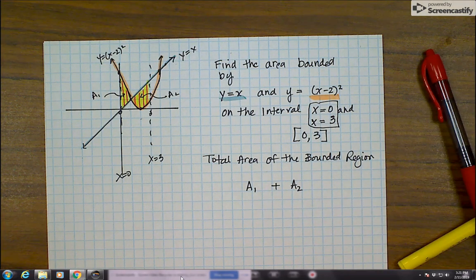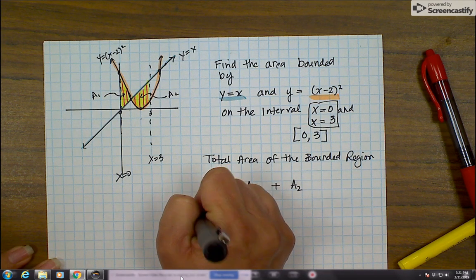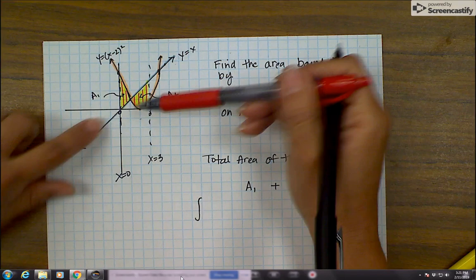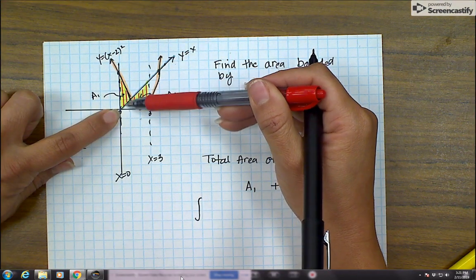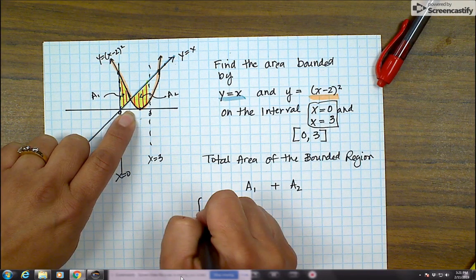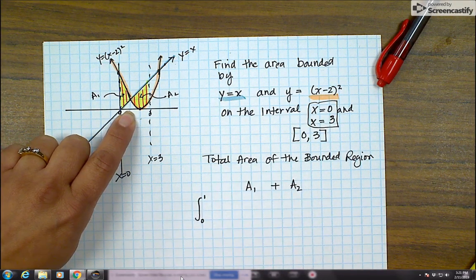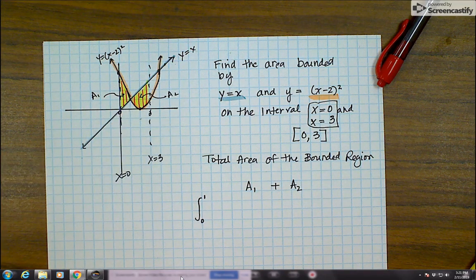So let's first write down what the integral is for area 1. So area 1 goes from x equal to 0, and we draw rectangles all the way up to x equal to 1. So 0 to 1, our interval of 0 to 1. And then we look at our upper function.